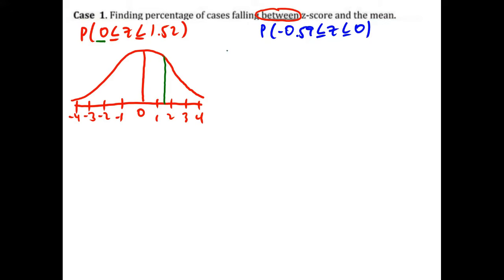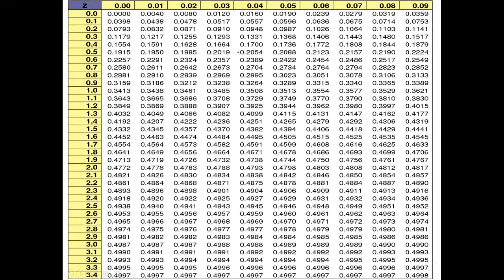Since we are talking about between, so ito lang ang i-shade natin, yung 0 hanggang 1.52. Now, kapag na-shade nyo lang yung mean hanggang dun sa given z natin, ang magiging P of 0 less than z less than or equal to 1.52.